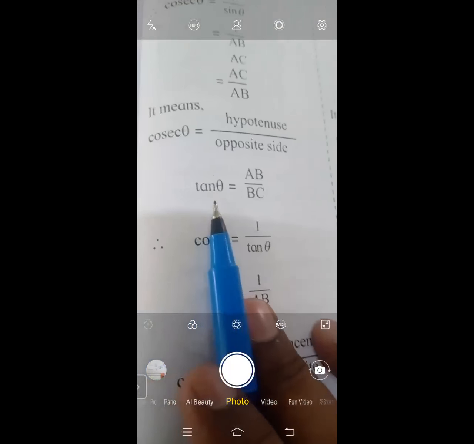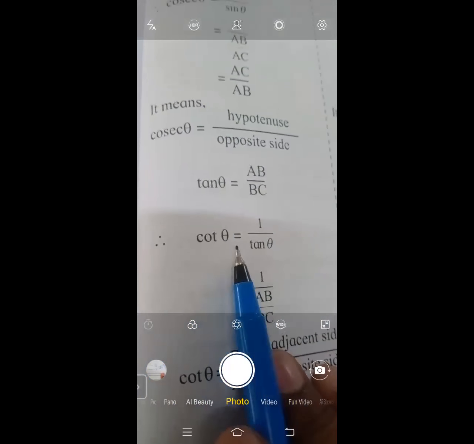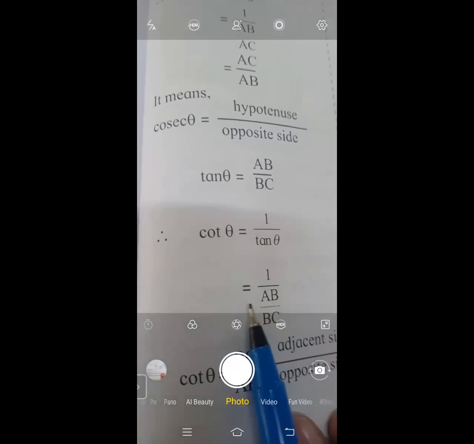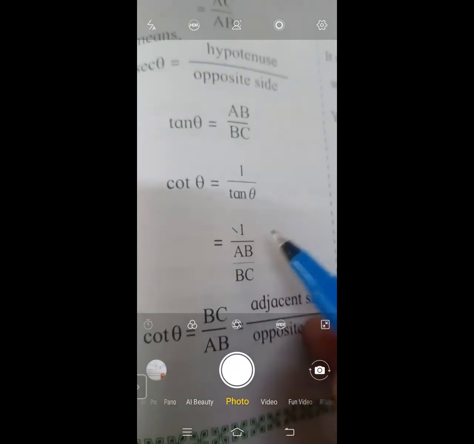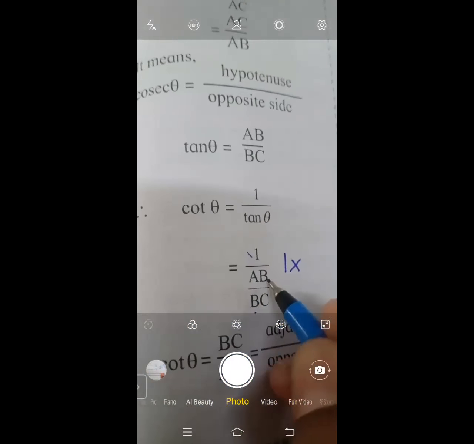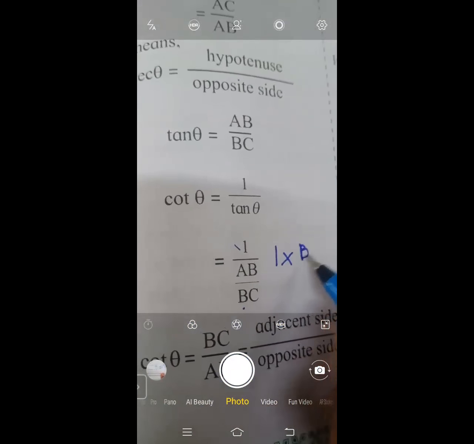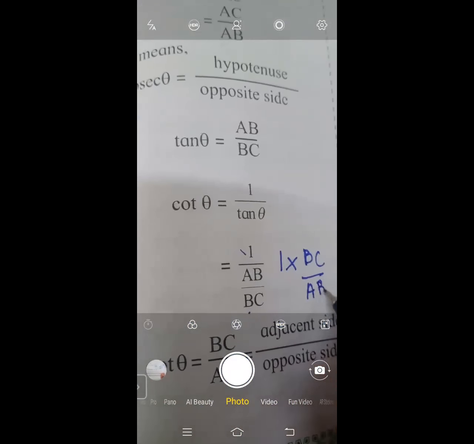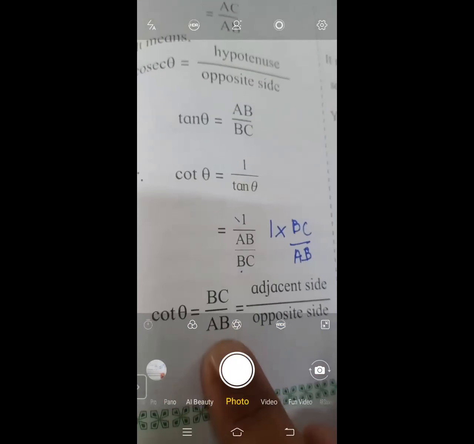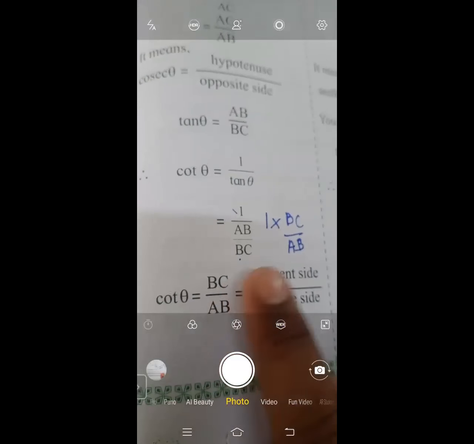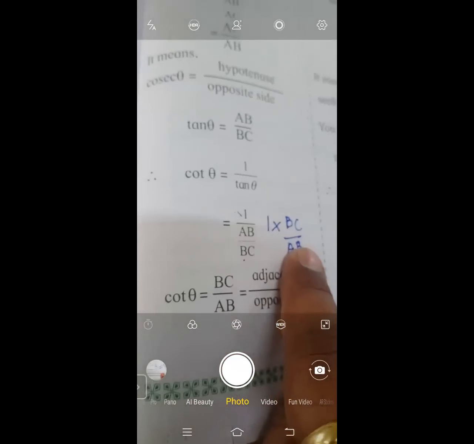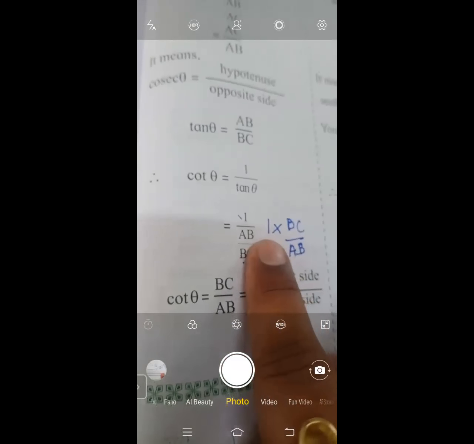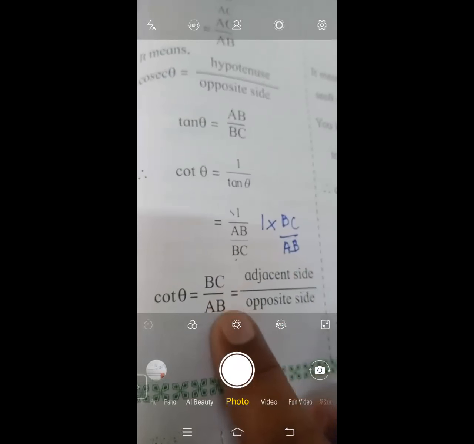So tan theta is equal to AB upon BC. Cot theta is equal to 1 upon tan theta, which is 1 upon AB upon BC. As we are taking the reciprocal, the 1 multiplied by BC comes in the numerator: BC divided by AB. 1 multiplied by anything gives us the same value, so we get the same ratio, which is BC upon AB.